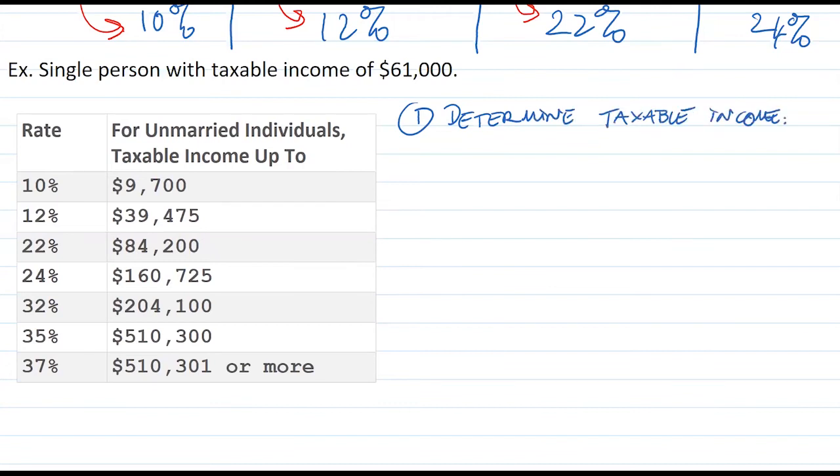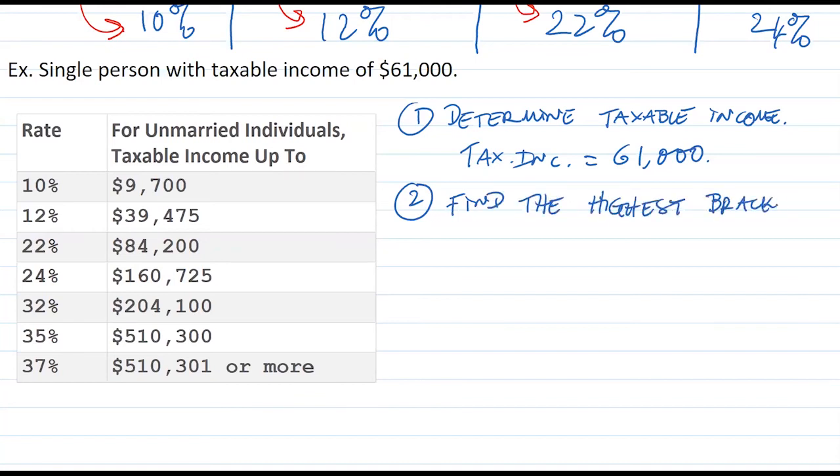In this problem, we really don't have to do any calculation because we're given that the taxable income is 61,000. So we don't have to compute it, it's given. Step two, find the highest bracket this is in. This is the highest bracket, because it's higher than the 39,000, but it's still up to 84,000 only.